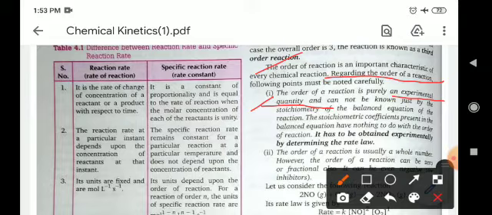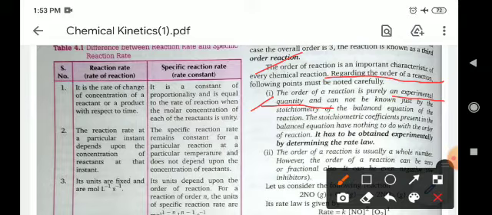If you see A plus B gives a product, with concentration of A to the power 1 and B to the power 1, and you sum the powers 1 plus 1 to get 2, it never happens that it should be 2 every time.